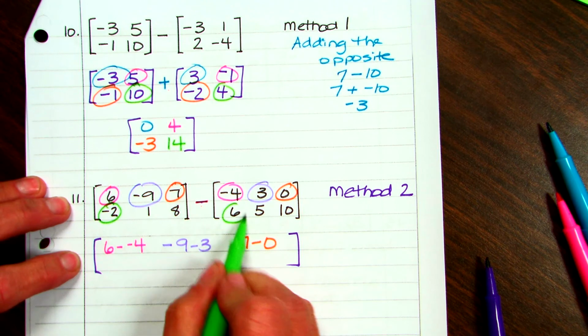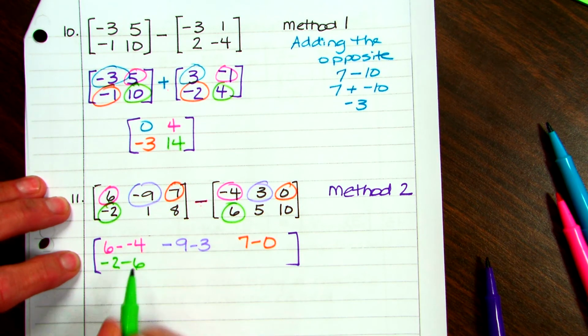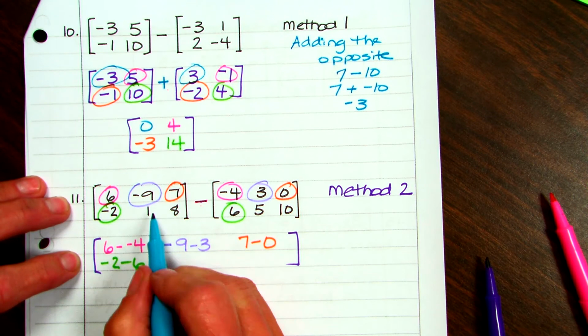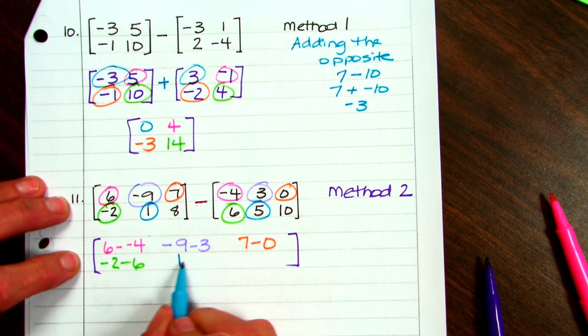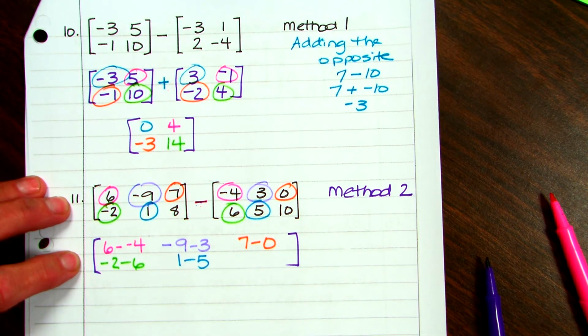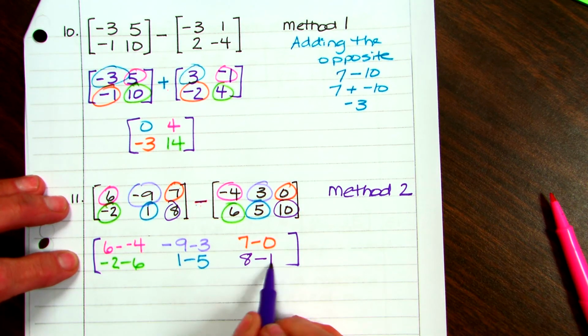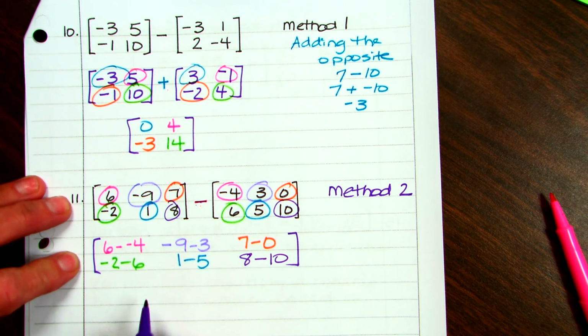Negative 2 minus 6. 1 minus 5, and 8 minus 10. And then I'll do my arithmetic.